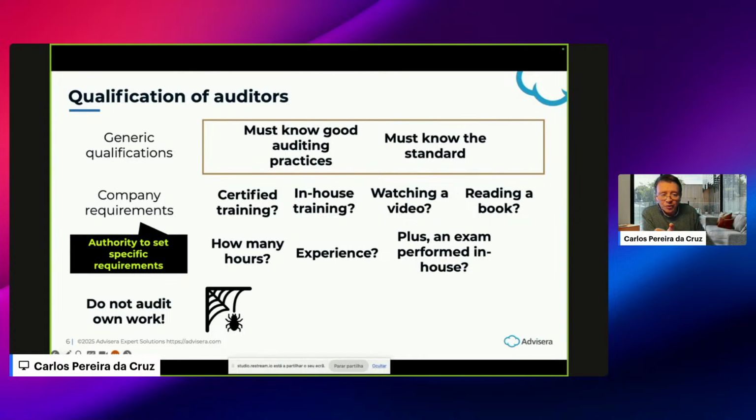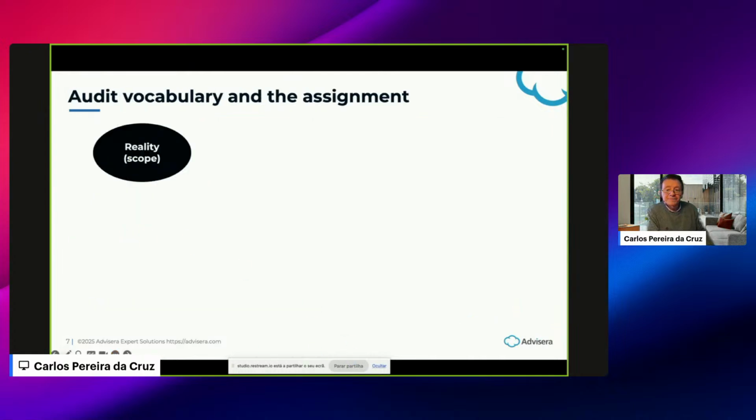Is this approach acceptable? Internal audit should cover both the clauses and the statement of applicability. So your internal audit team needs some training in knowing the standard.